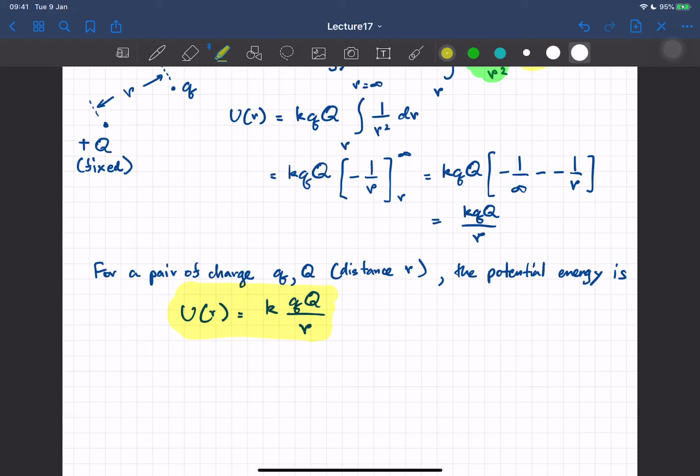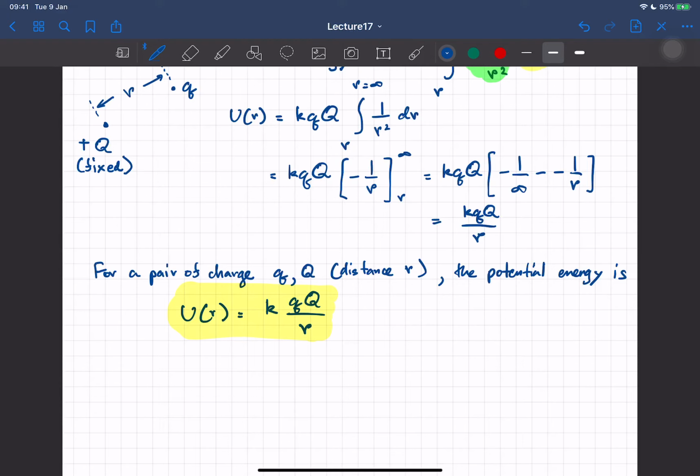Okay, so the potential energy between a pair of charges, and this is important. Potential energy is always between a pair. Similar to Coulomb's force, it is always between a pair. If you have just one charge, Coulomb force doesn't make sense. Potential energy also doesn't make sense.